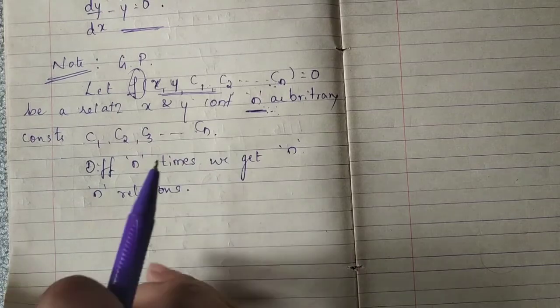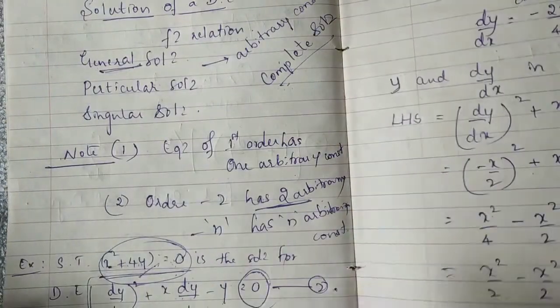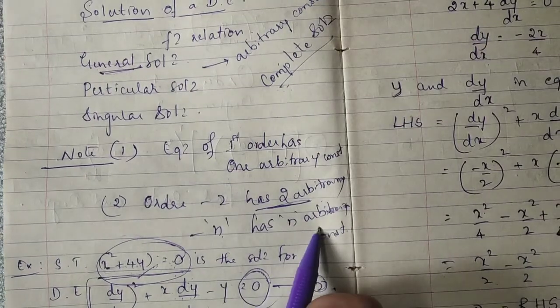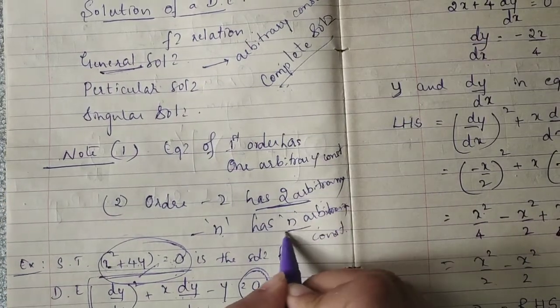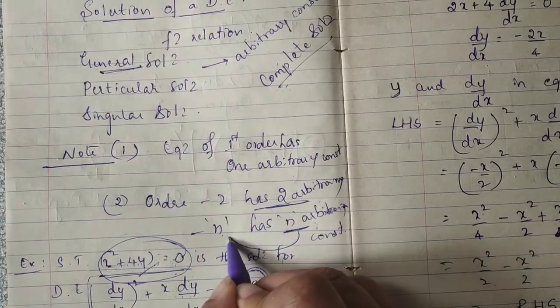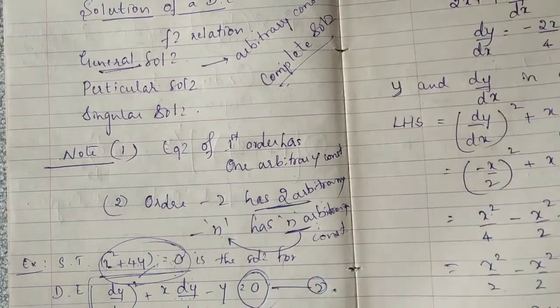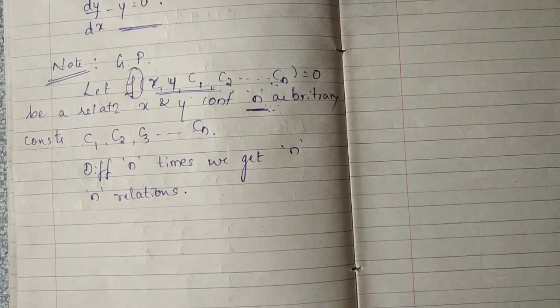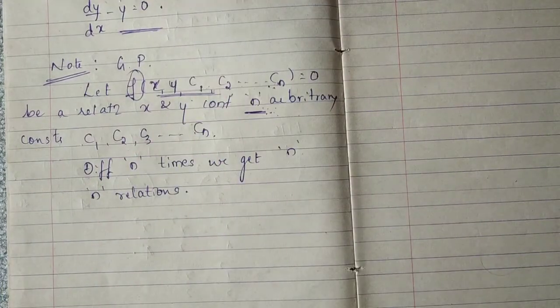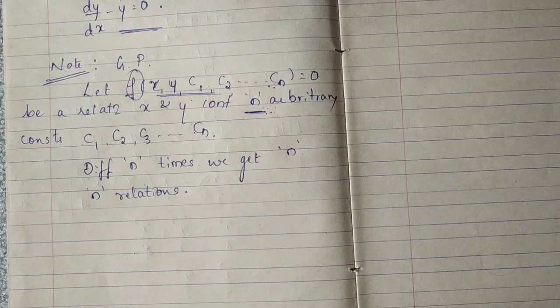Because we know that the differential equation of order n will have n arbitrary constants. Similarly, a differential equation having n arbitrary constants implies that the differential equation is of order n. By using that concept, differentiating n times this relation, you get n relations.